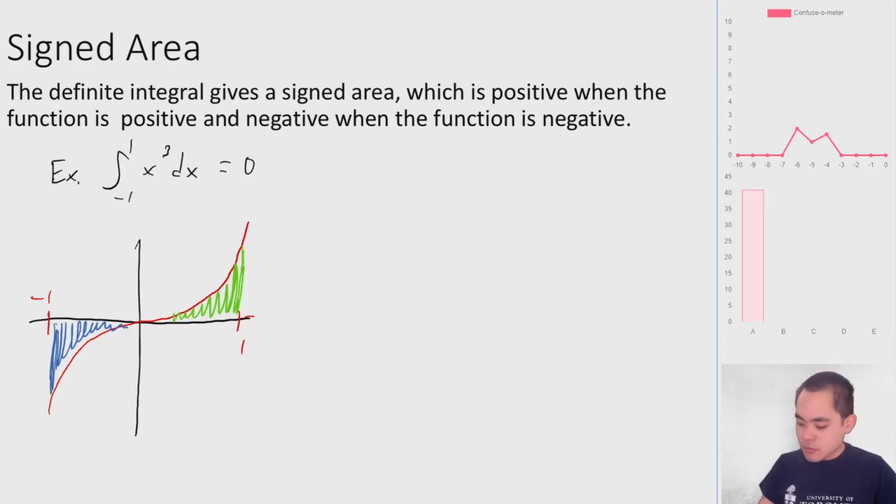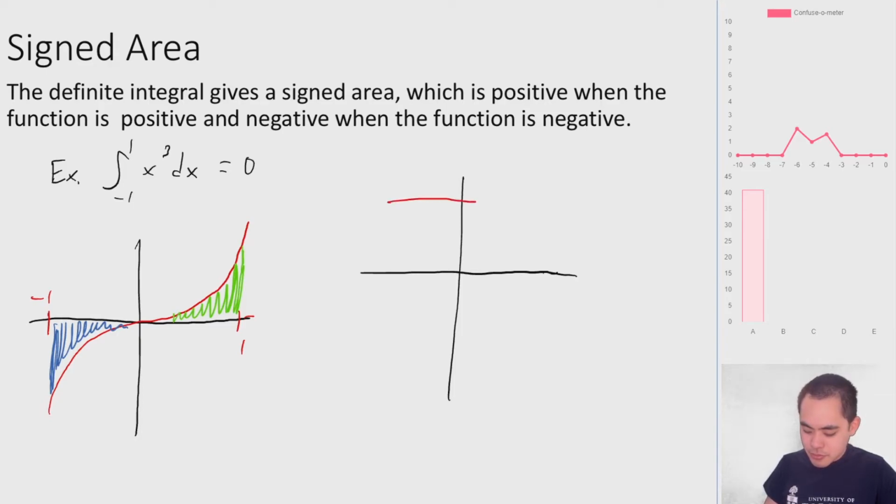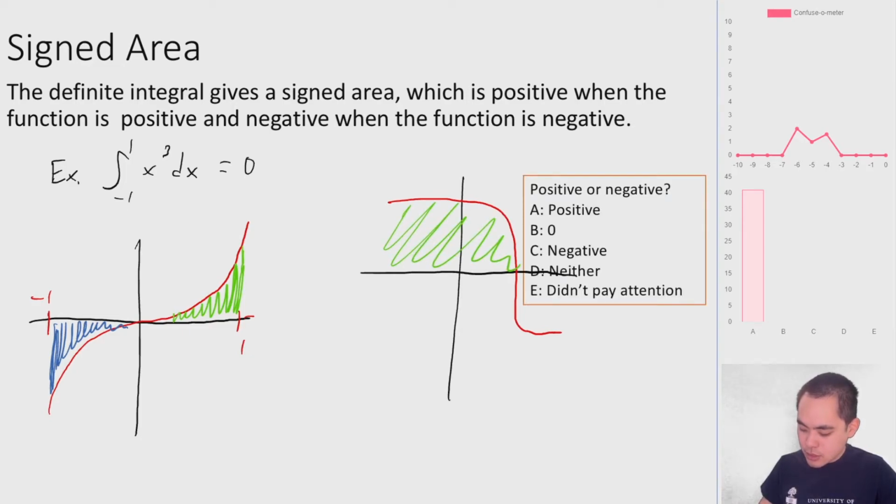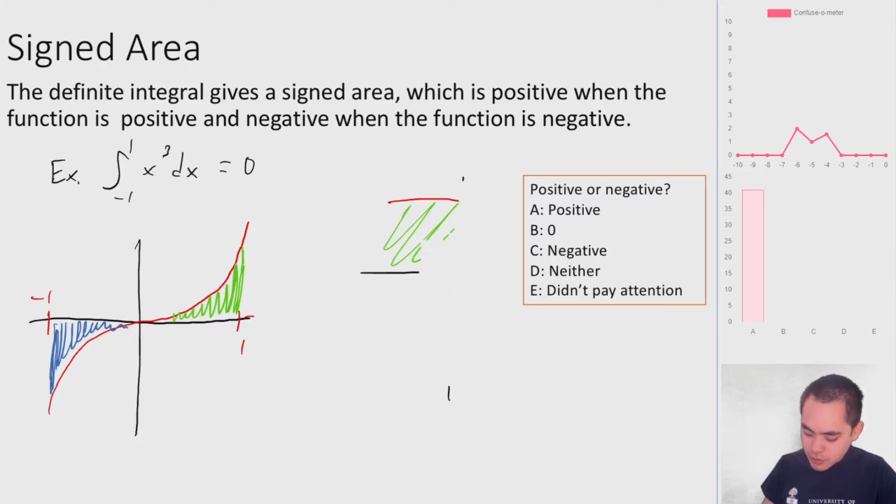Let me check to make sure that you guys have some vague understanding. I'm going to draw something, and I'm going to ask you if it's positive or negative. Oh, I keep on drawing over my lines.